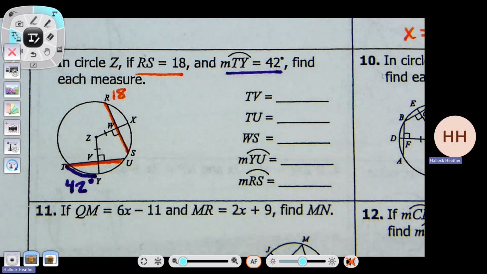And TU is 9. No, because it's a whole thing. Oh, sorry.